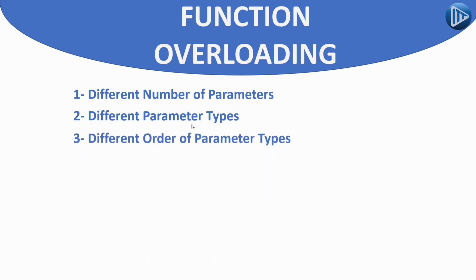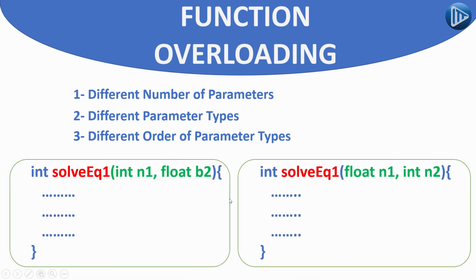And the third way is by changing the order of parameter types. So for example, if we have two functions, these two functions accept two parameters. And before we talk about that, we can have different numbers of parameters. But here we have equal numbers of parameters. This one has 2 and this one has 2 parameters.